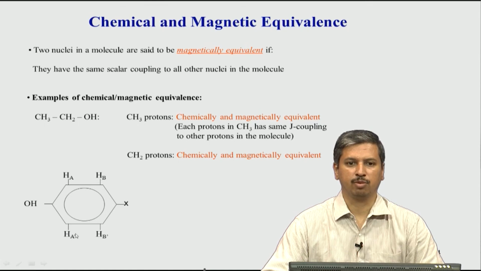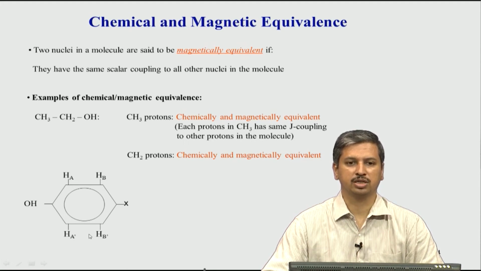This hydrogen is 5 bonds away from that hydrogen, therefore its interaction is very weak, but the interaction of this hydrogen with this hydrogen is relatively stronger. So these two hydrogens are chemically equivalent, but their interaction with any other hydrogen in the molecule is not the same, because one is closer and one is farther. Because of that these two hydrogens are no longer magnetically equivalent.